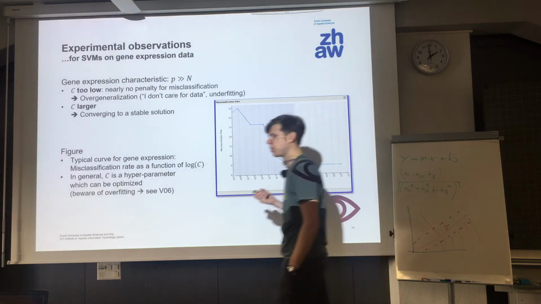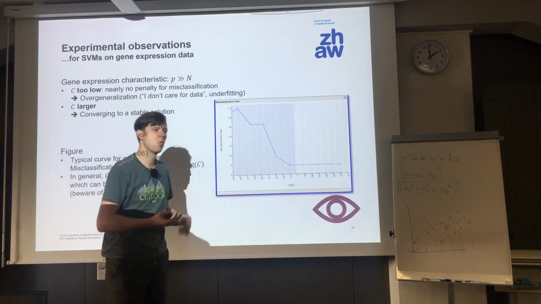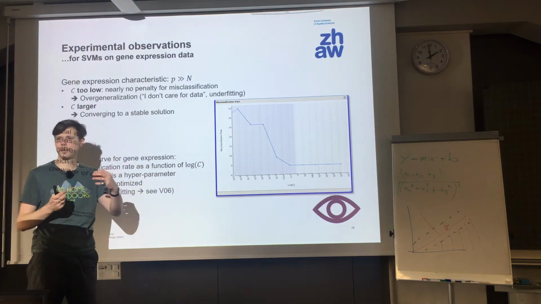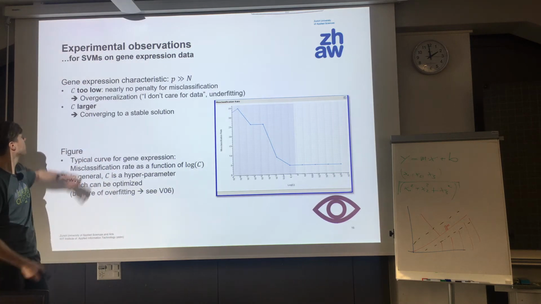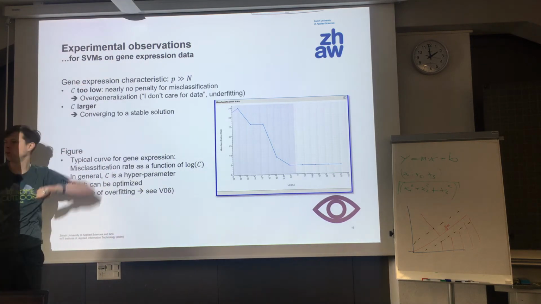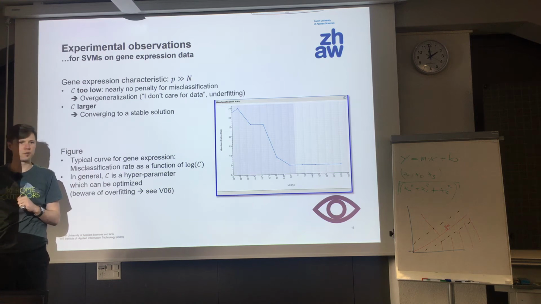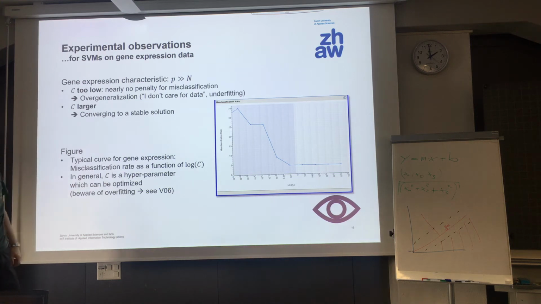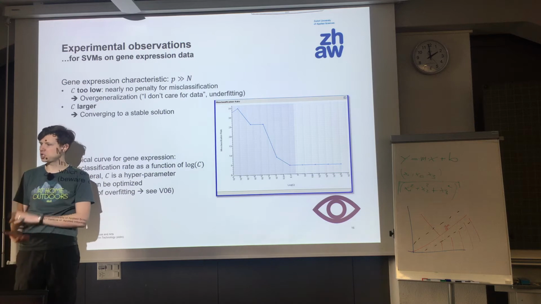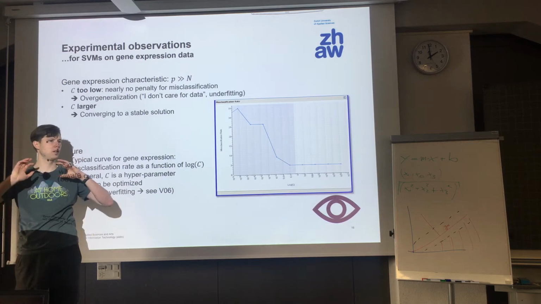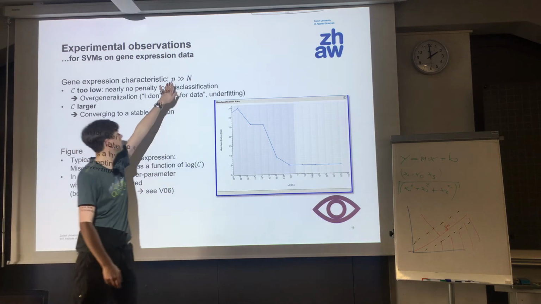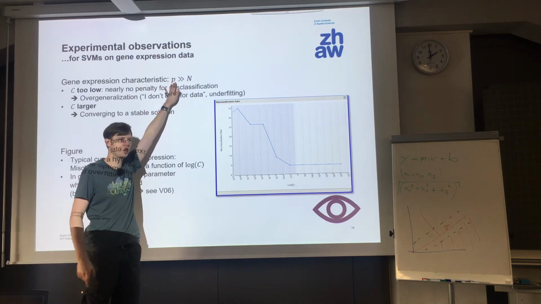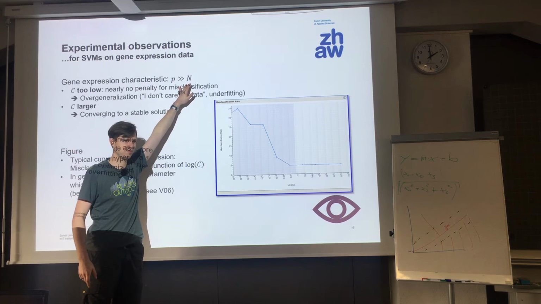Some experimental observations on how varying the misclassification penalty parameter, what effect could that have? When you work in bioinformatics, on gene expression data, you usually have a very special case, special amongst all other areas of data science that I know. The special case is that you usually have more features than you have observations.